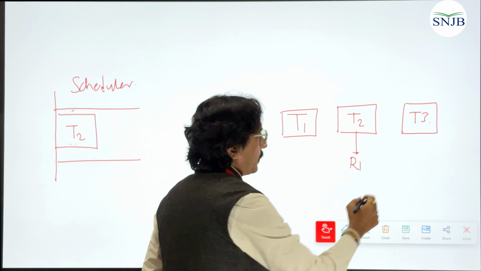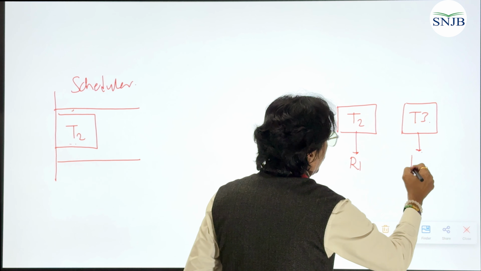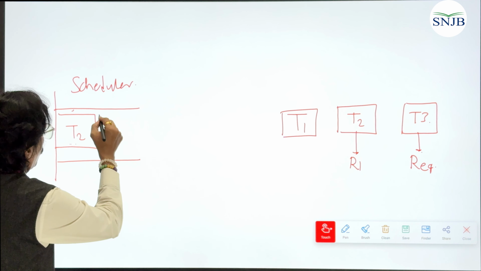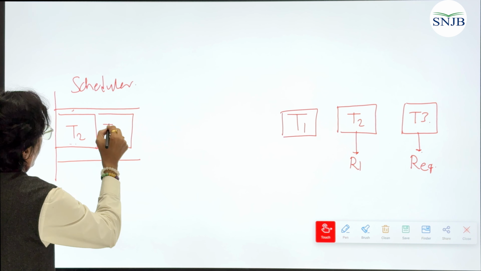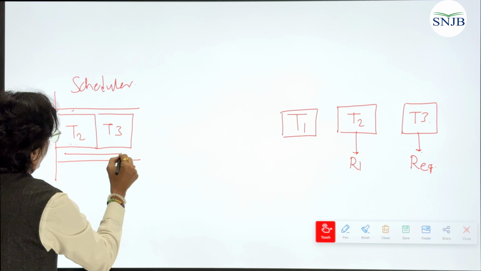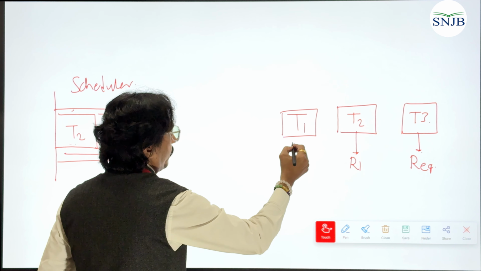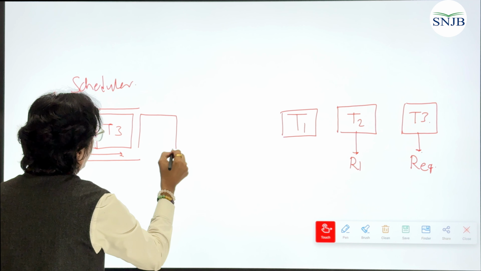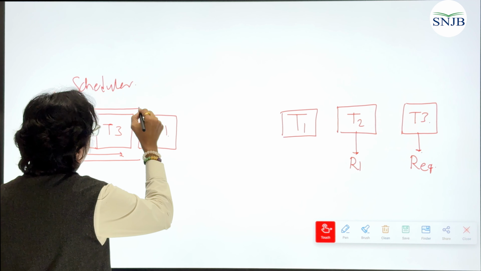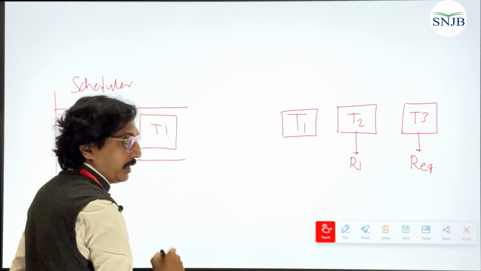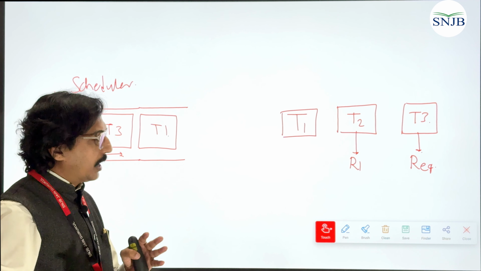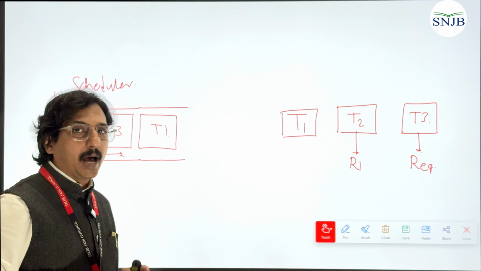After that, if task 3 is requesting, then task 3 is loaded into the scheduler. And if task 1 requests after task 2 and task 3, then task 1 is loaded, completes its execution, and then waits for another task's arrival.